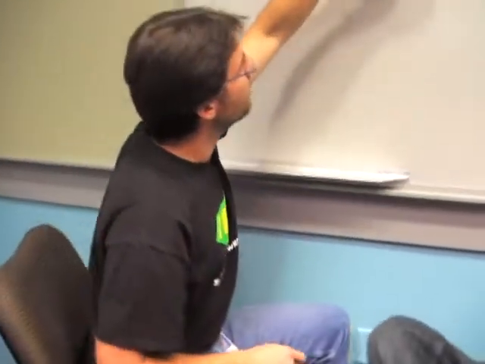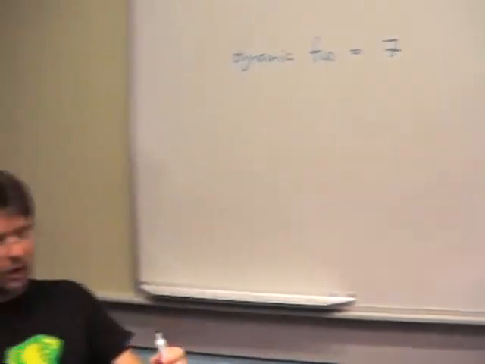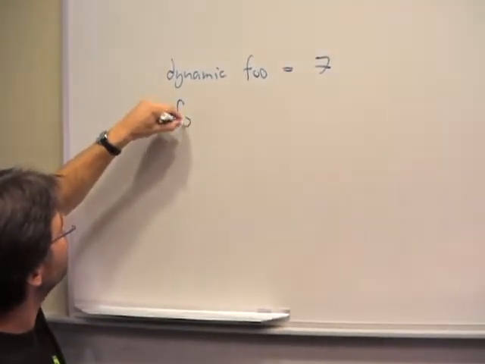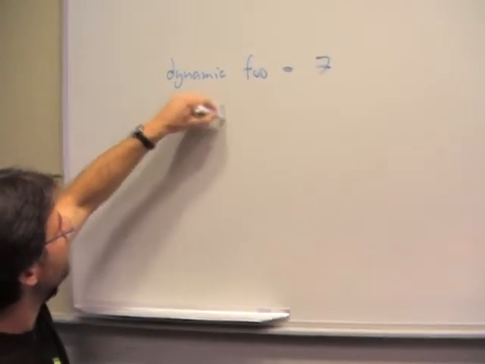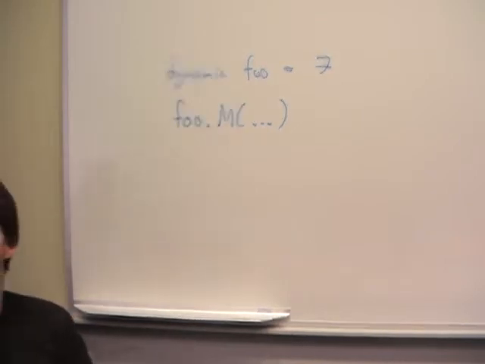Good old C# objects like 7 you can assign to it, or objects that are really weird and special and know how to dispatch themselves in fancy ways at runtime. Once it's assigned to dynamic, you don't really care what kind of thing it is. The compiler allows you to do whatever you want with foo, so you can call whatever method you want on foo with whatever argument you want, and the compiler's not going to complain.